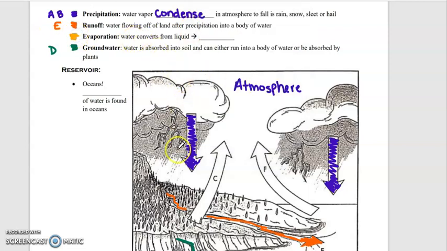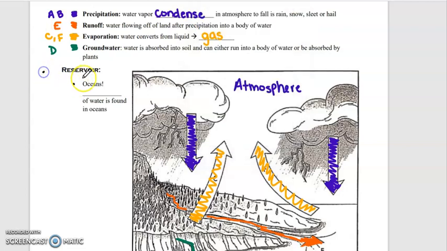Evaporation is when water goes from the liquid state back to a gas. And those would be arrows C and F. We can see some evaporation might be happening over land, and some over water. But it returns us back to our starting point. So that is our cycle, right? Yes, water has been transformed, but we've ended and begun in the same spot.